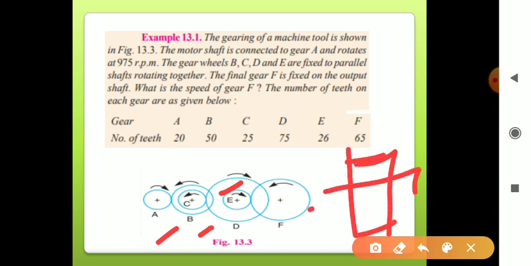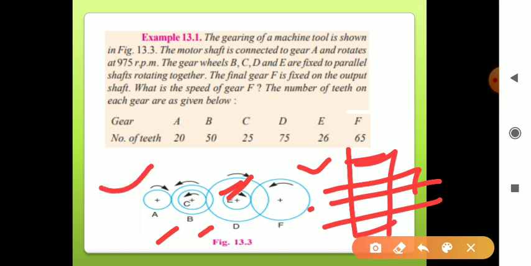So when D rotates, E also rotates. Now gear E meshes with gear F. That means in this total diagram, A is the driver and F is the driven gear.